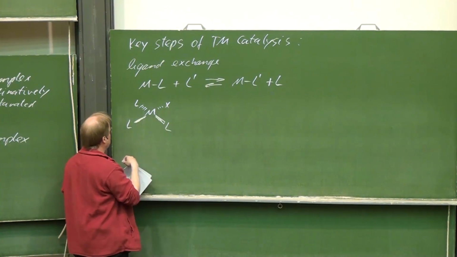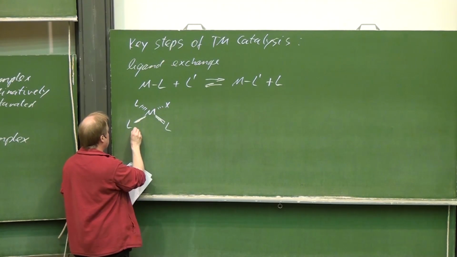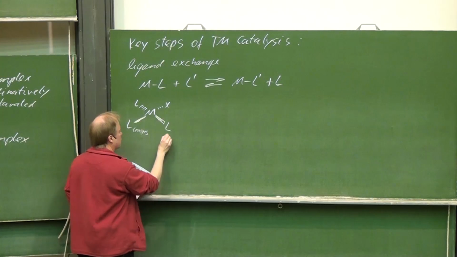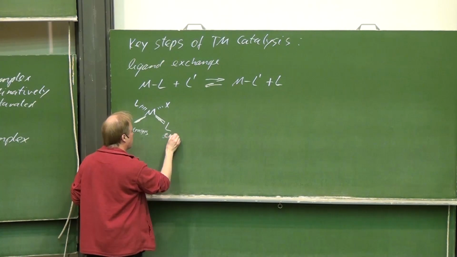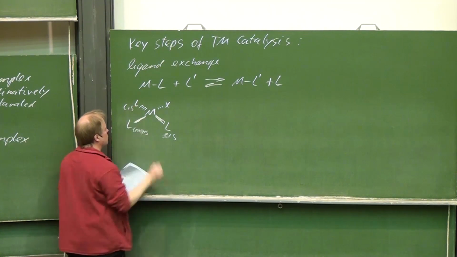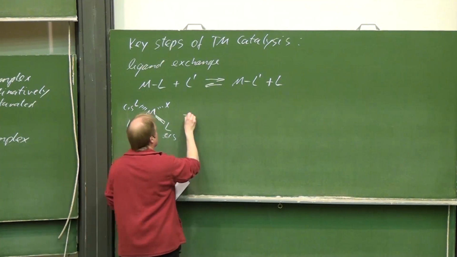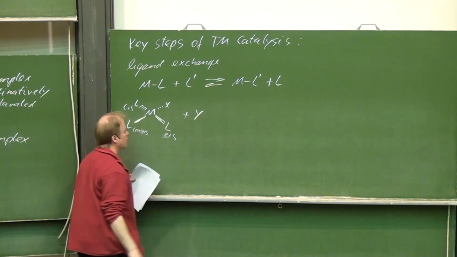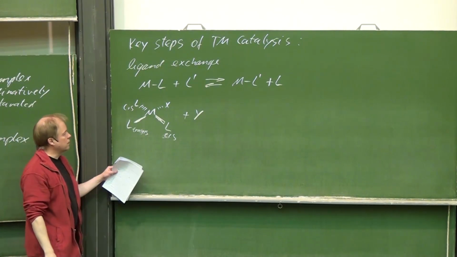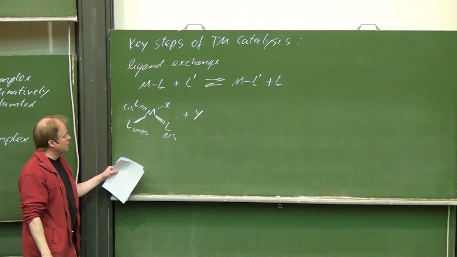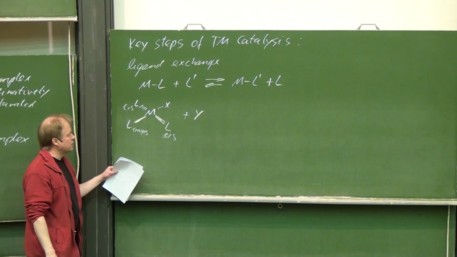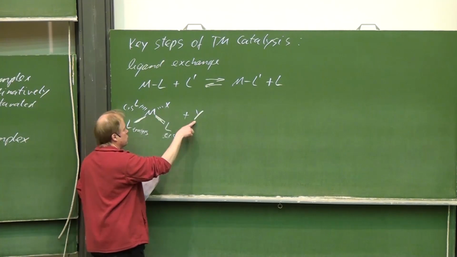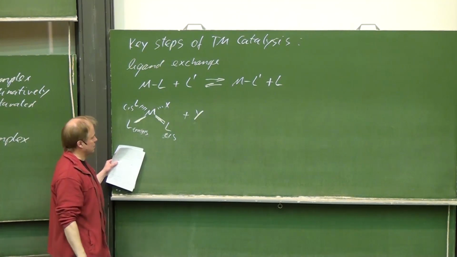So, square planar, then here we have a trans ligand, this one cis, and this one also cis. A nucleophilic other ligand to be exchanged, this should be exchanged by that Y ligand.